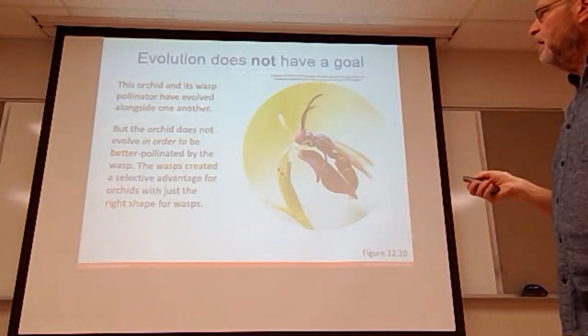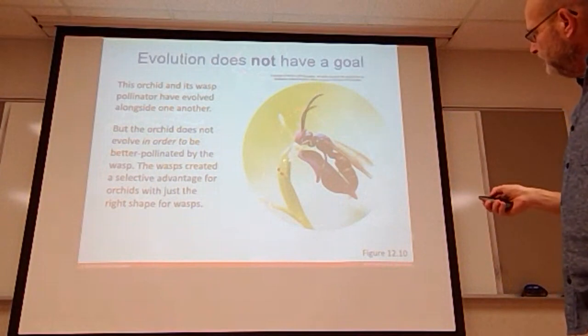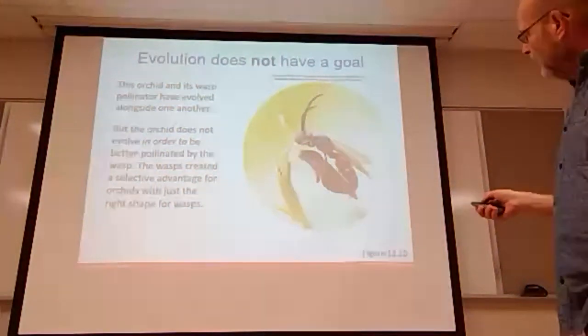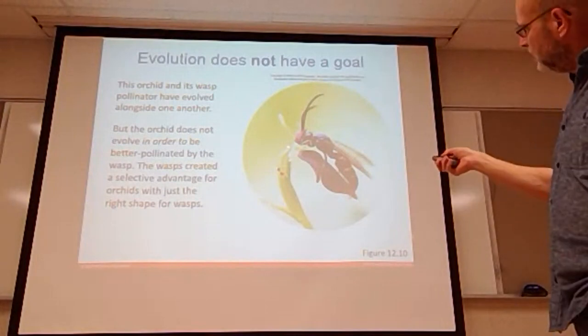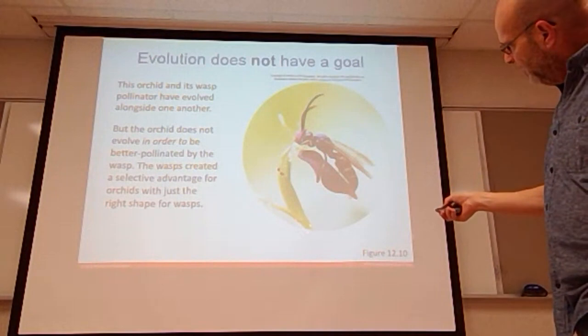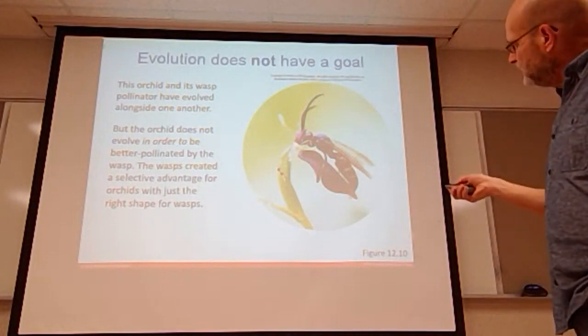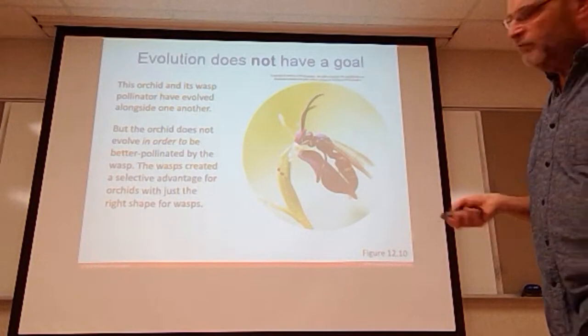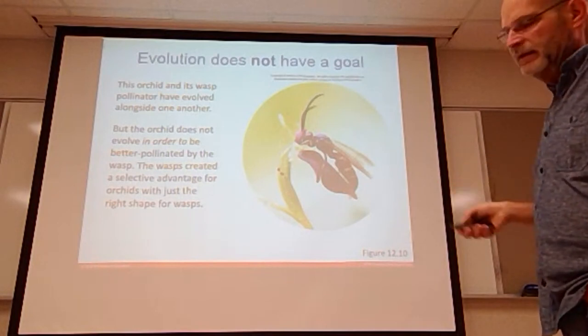The orchid and its wasp pollinator have evolved alongside one another. Here's the wasp. Here's the orchid. And this wasp has a really long tongue, sticks its tongue all the way down to here, where it gets the nectar from this particular flower. In doing so, it's pollinating the flower. It gets the pollen, which is up here on its head.